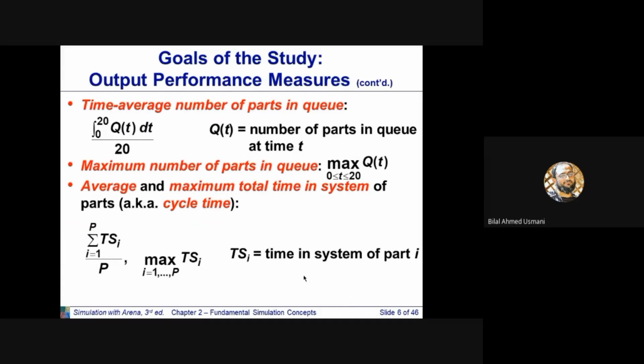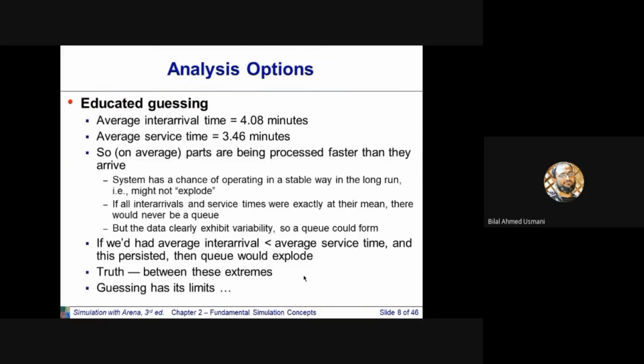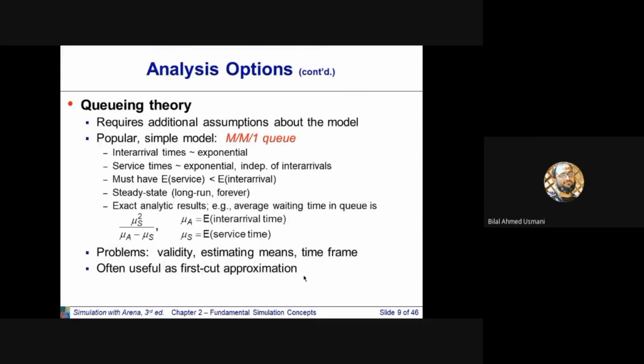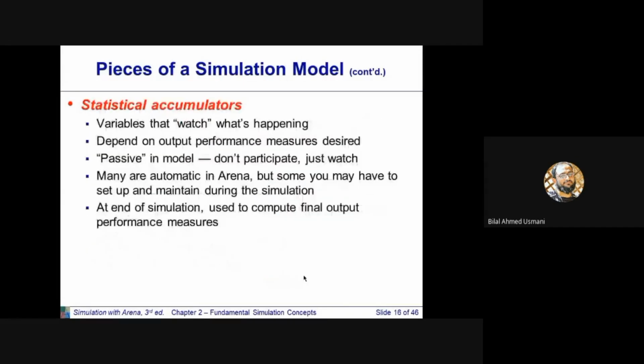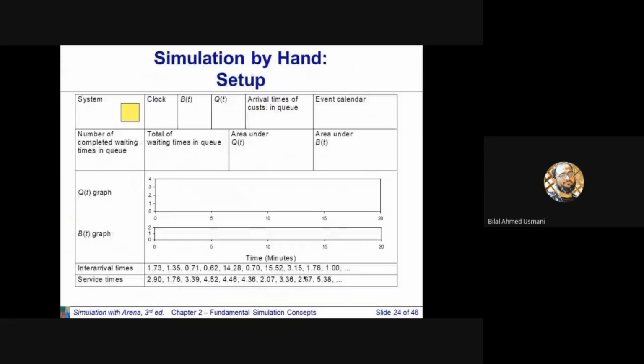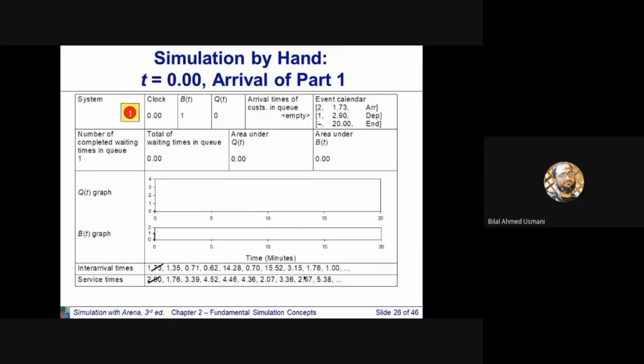I know that it's a bit hard, but just try to go over these slides. I will share them with you after this lecture. Look at the simulation by hand setup. They did all the simulation by hand, and you can see that inter-arrival times are changing.